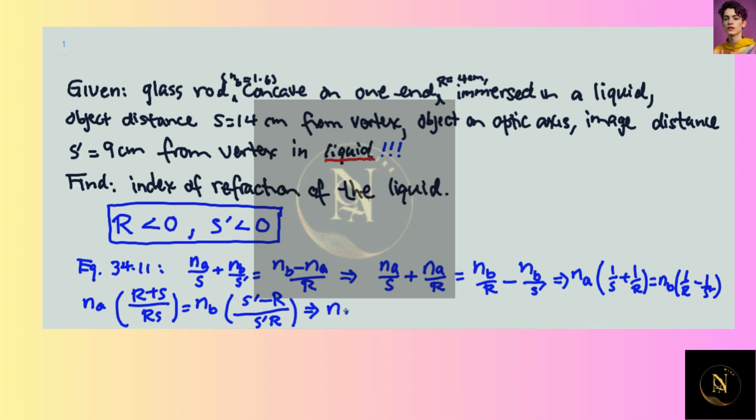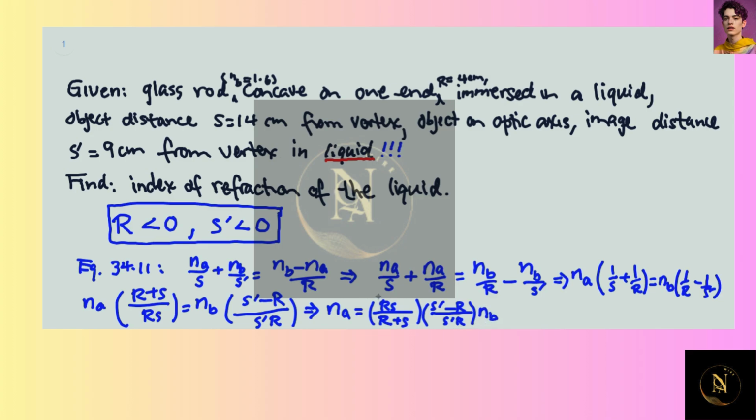So I have NA is equal to RS over R plus S times S prime minus R over S prime times R times NB, of course.